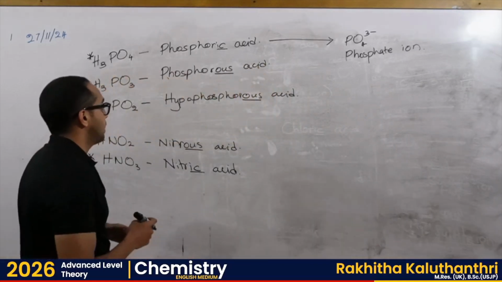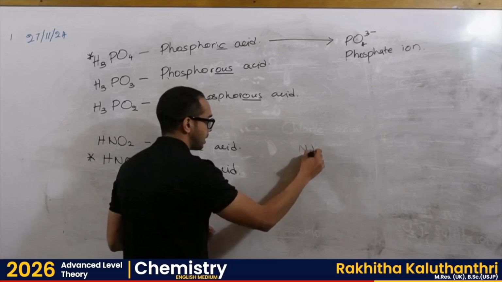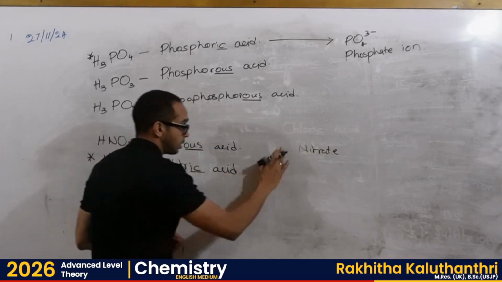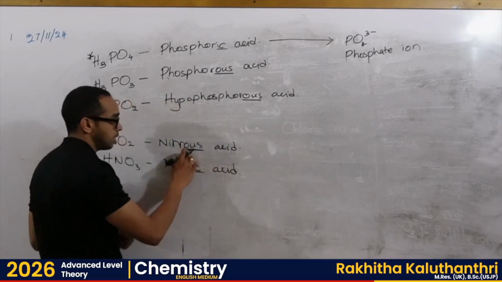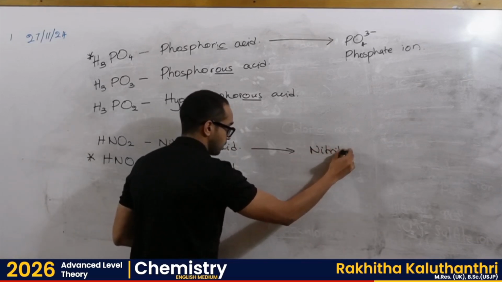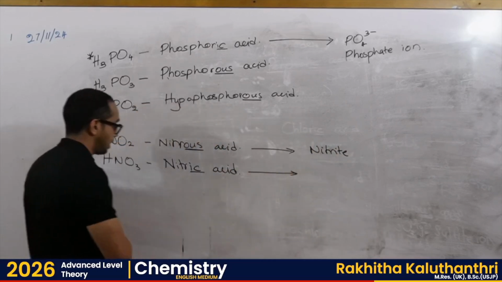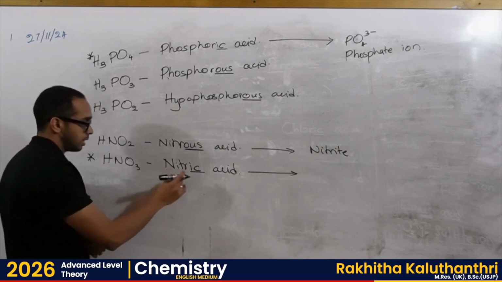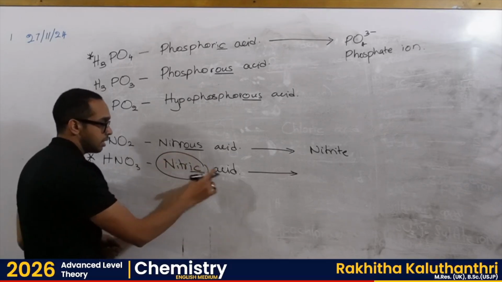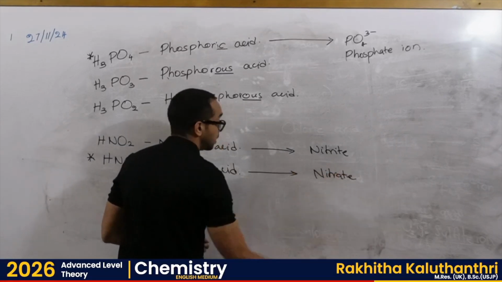So we have nitrous acid, so the anion's name would be nitrite. And we have nitric acid, IC ending, so the anion's name would be nitrate, right?